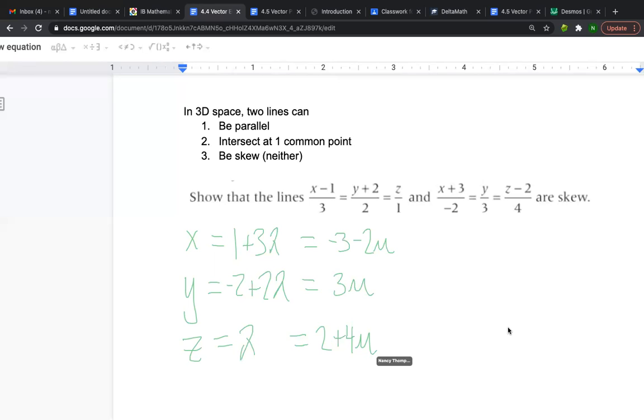This last one here has given me now something to plug in up here.